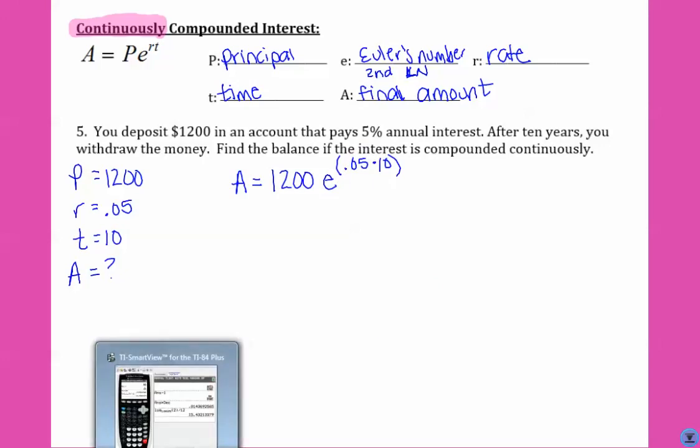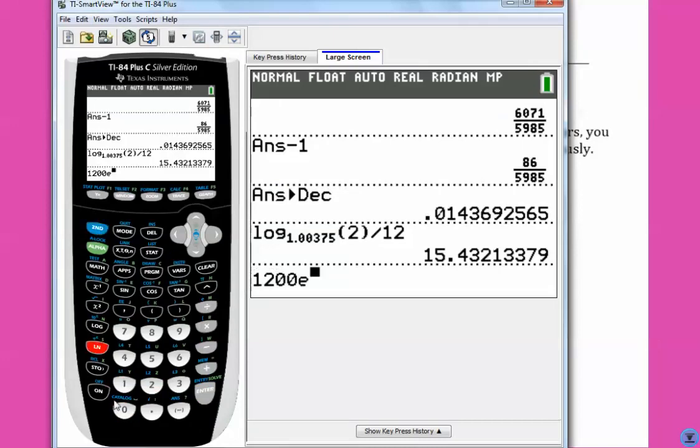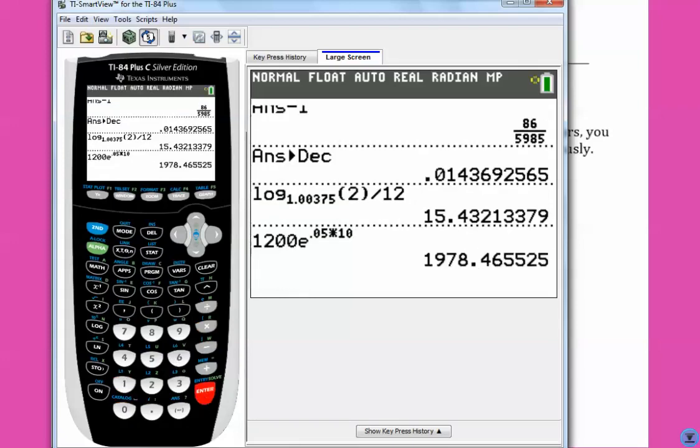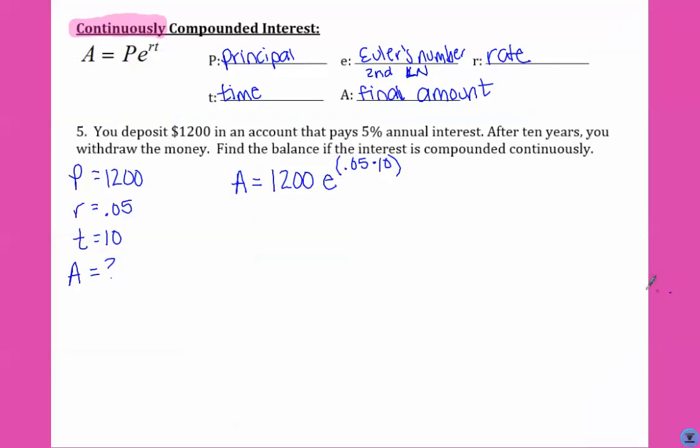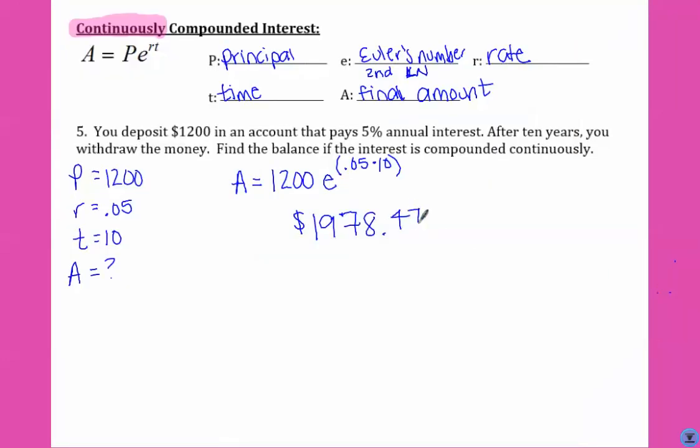Let's look at what this looks like on your calculator. 1,200, second natural log will pull up the e to the 0.05 times 10 power. So we'll have $1,978.47.